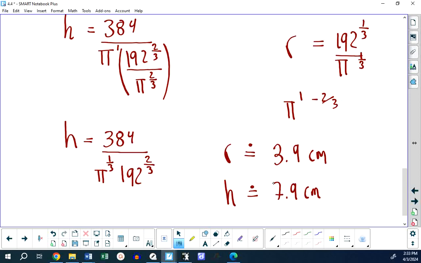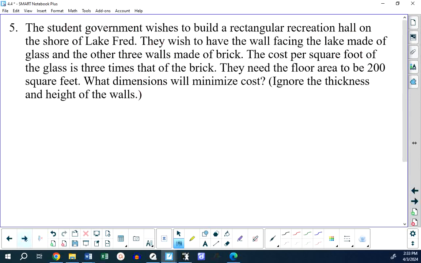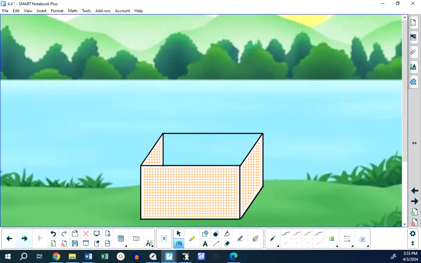The final example, which I'm not going to do, we will do it tomorrow, is going to be a maximum area thing, which starts to include the idea that parts are more expensive than other parts, like the soup can could be. So I'll just show this to you so that you can think about this. You're going to construct a building, a 4-sided building, along the shore of, I think it says Lake Fred, but the wall of the building facing the lake is going to be made of glass.